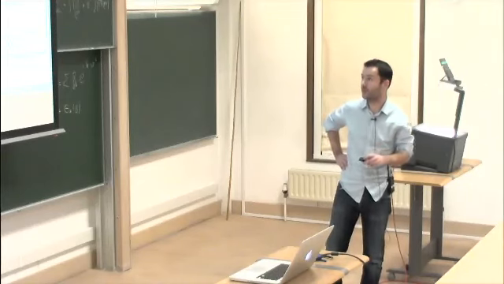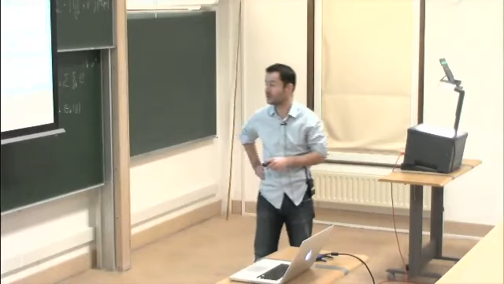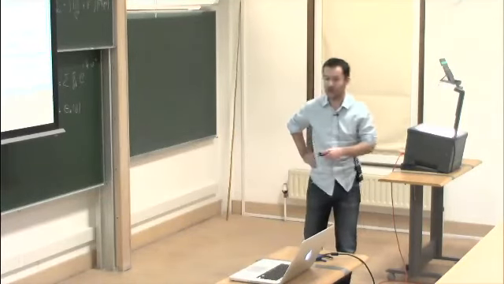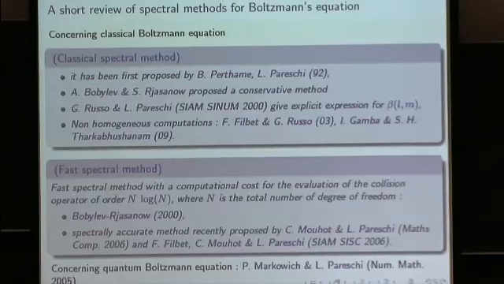Now, these works concern the approximation of the classical Boltzmann equation, which is a bilinear operator, and for which the computational cost is in n square. And more recently, first by Bobylev and Rjasanow, they proposed a fast algorithm for which the computational cost is in n log n, where n represents the number of degrees of freedom.